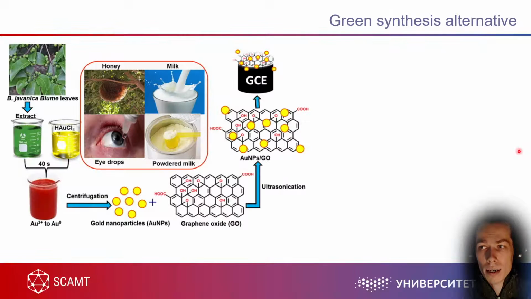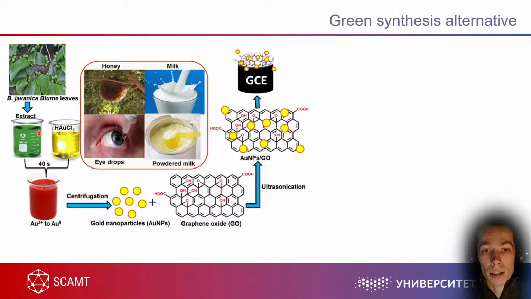But what are the alternatives to the reduction synthesis methods, for example, for gold nanoparticles? It's green synthesis. So green synthesis can involve a lot of different reagents, but basically it's still a chemical synthesis, just using some extracts from leaves, for example.